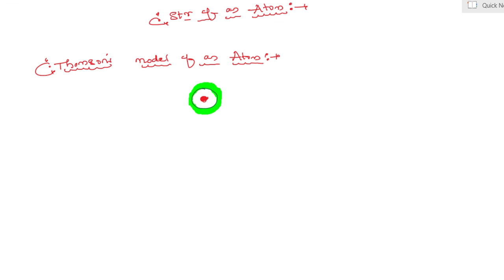Yes, here the red edible part is termed as what? The positive sphere.